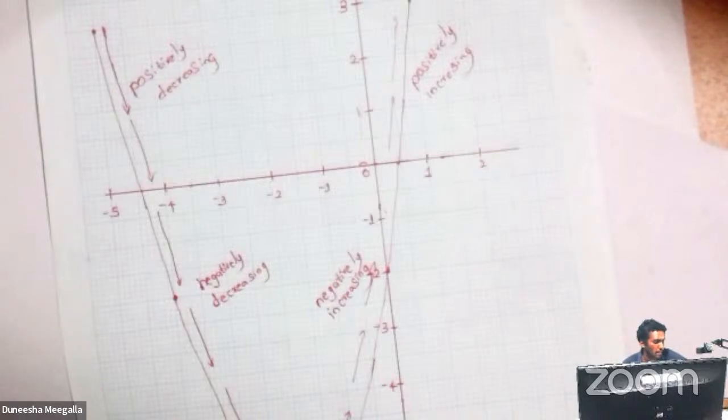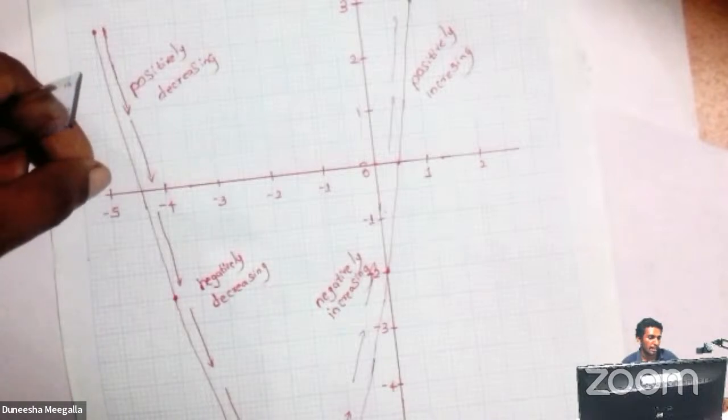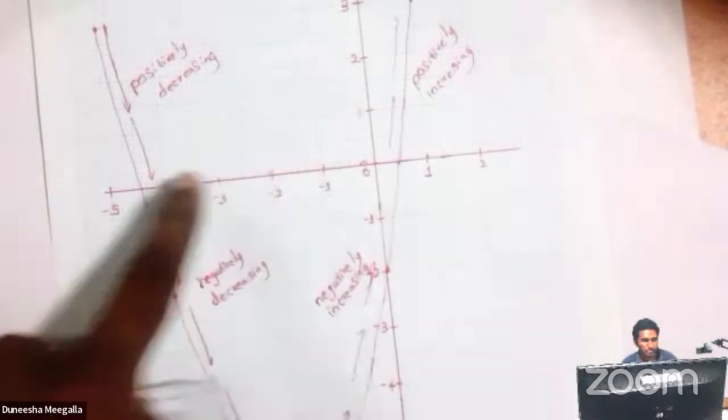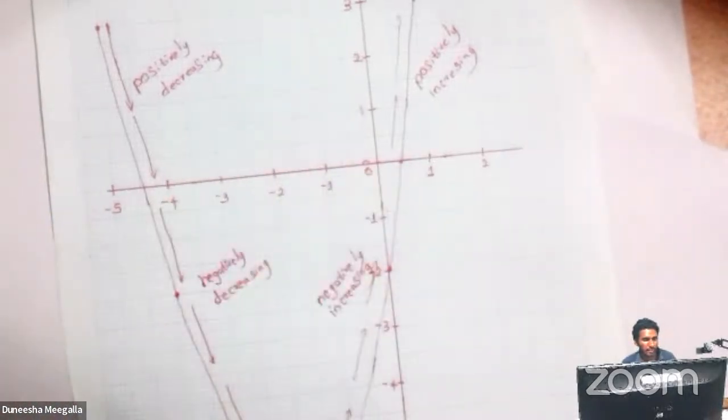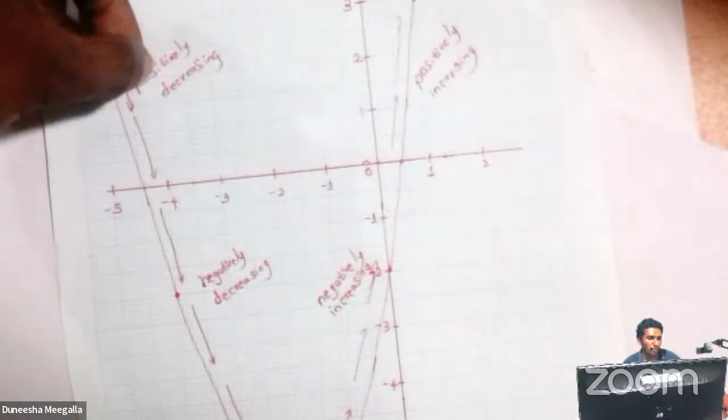We are observing the behavior of a graph. It is positively decreasing, negatively decreasing, negatively increasing, positively increasing. We observe when x is from -5 to +1. When x is increasing, we observe the behavior of y.